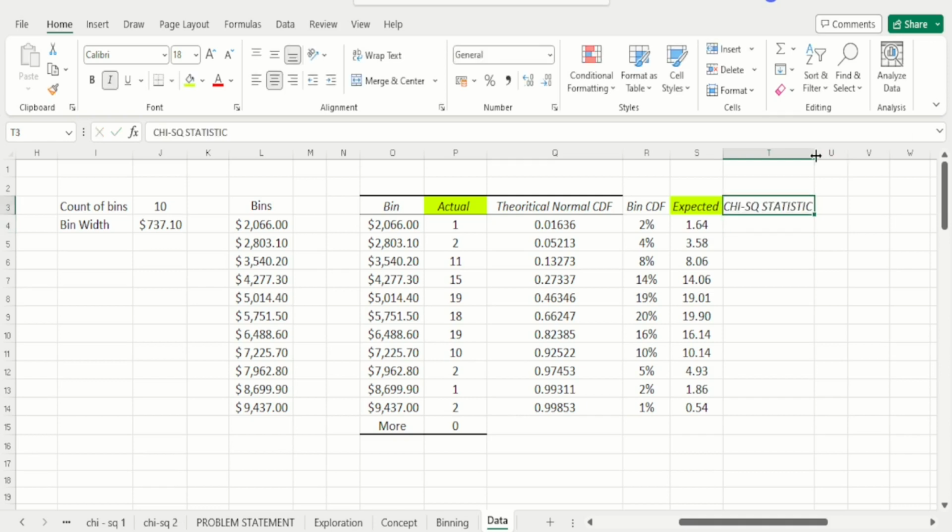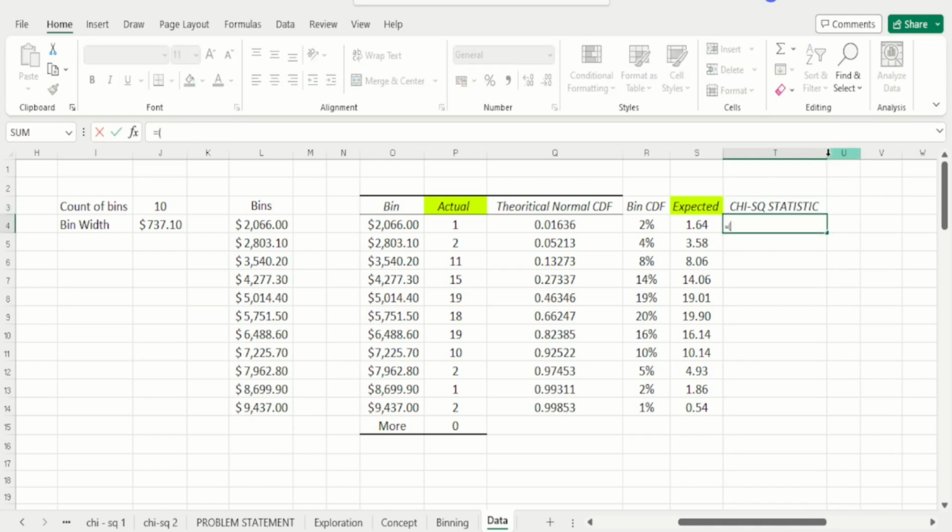In order to get the chi-square statistic, the formula to bear in mind is that it is your actual value minus the expected value, squared, divided by the expected value.